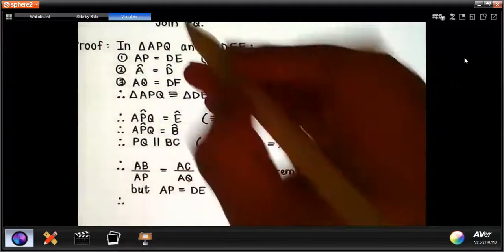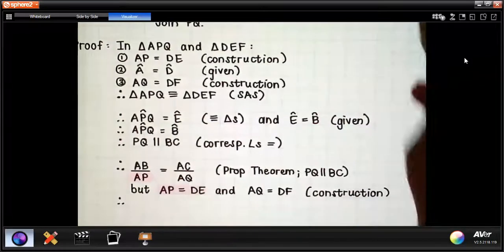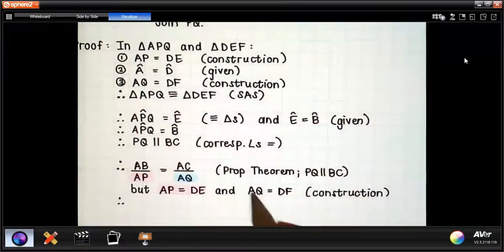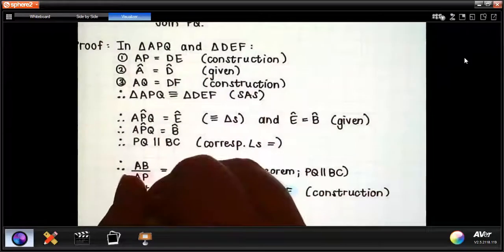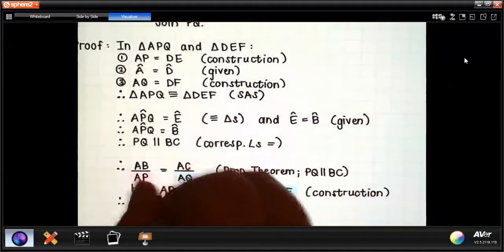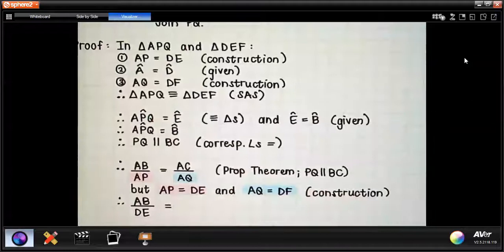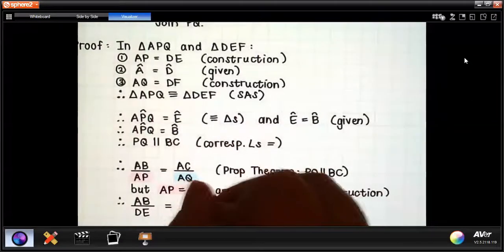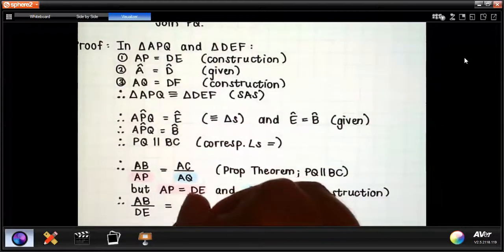Therefore, we can now replace AP with DE over here and AQ with DF over there. So therefore, AB over DE is equal to AC over DF.